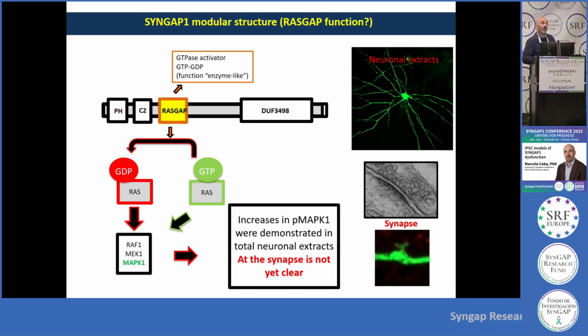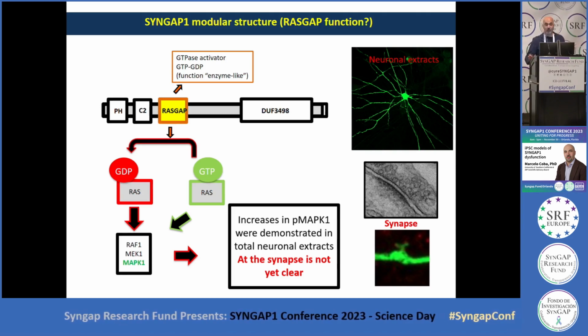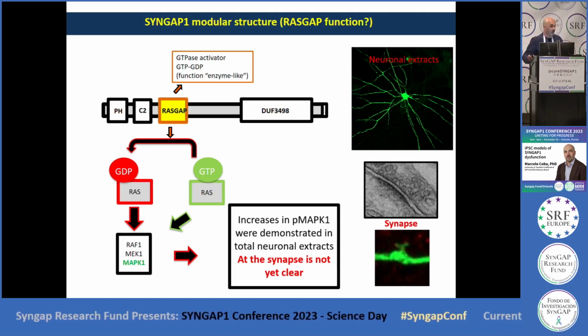Where, we don't know, and we think not mostly at the synapse. So it's not really proven that the RAS-GAP domain has a function at the synapse. In fact, there's going to be a paper soon showing that a knockout model for the RAS-GAP domain doesn't do mostly anything at the synapse.